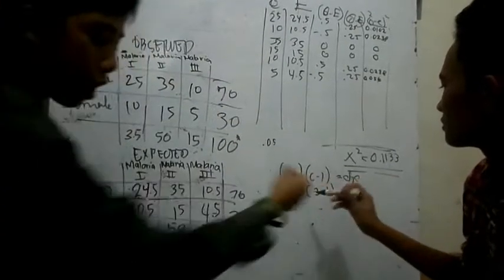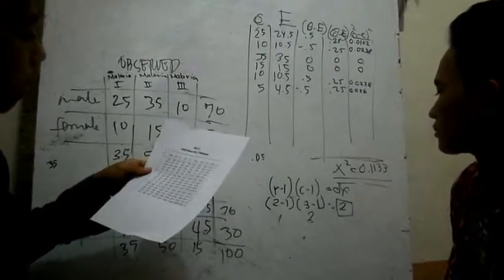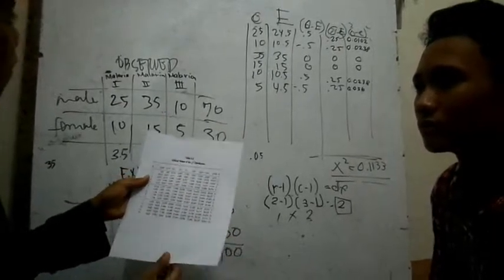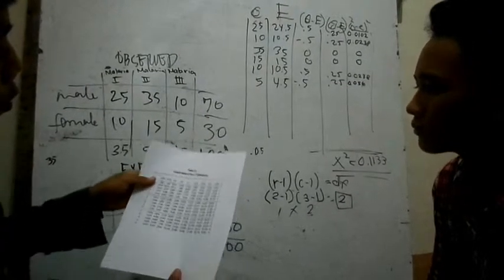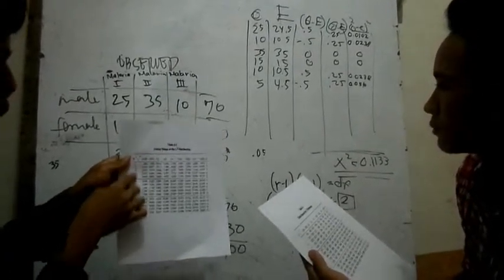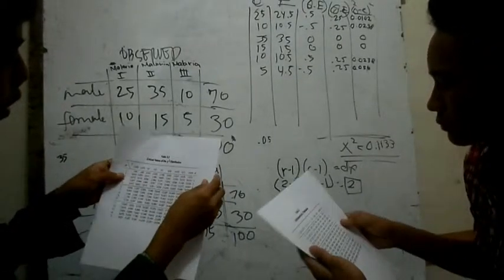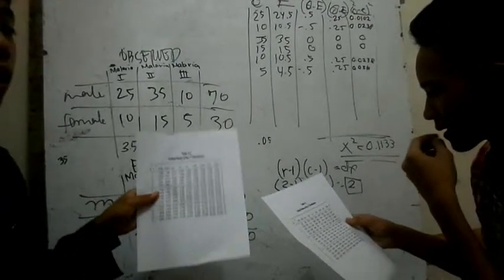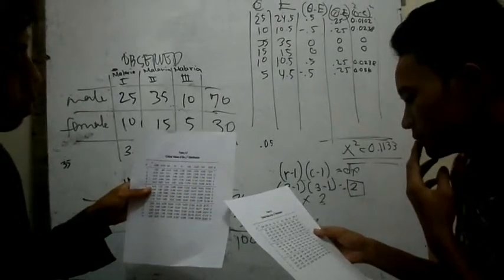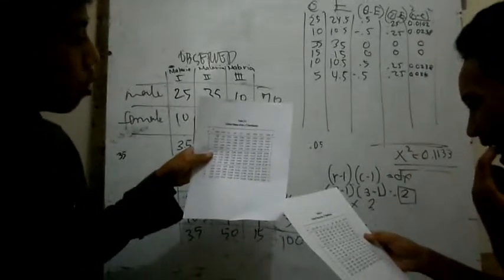After that, we will consult the chi-square distribution table. Here we have the degree of freedom, and on the upper side there is a margin of error. The most commonly used margin of error is 0.05, which is a 5% margin of error.